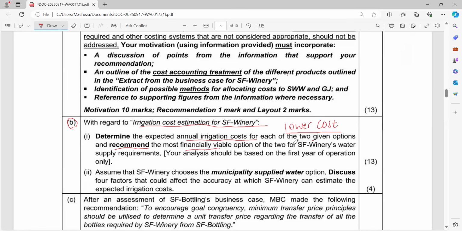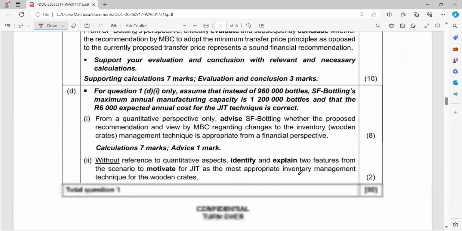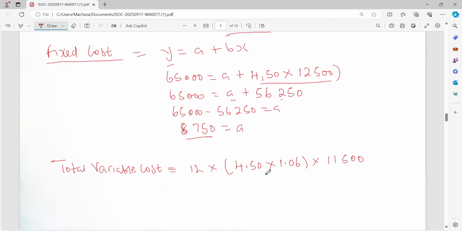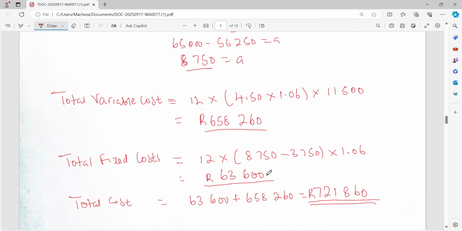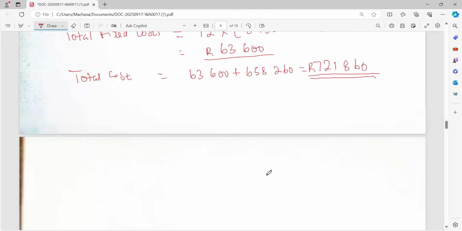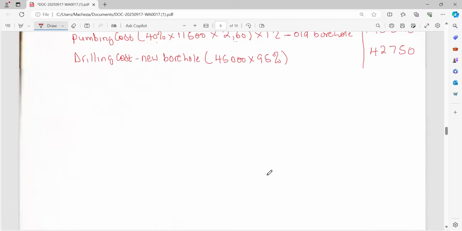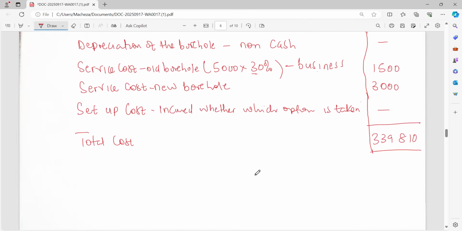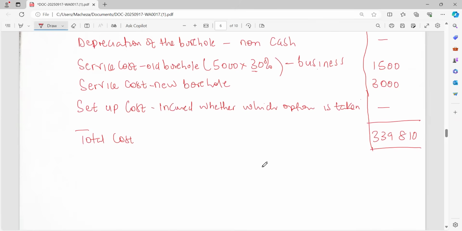So it's going to be the bore, because if you look at the municipality water, it's going to be 721,860, and the bore is going to be 339,810.